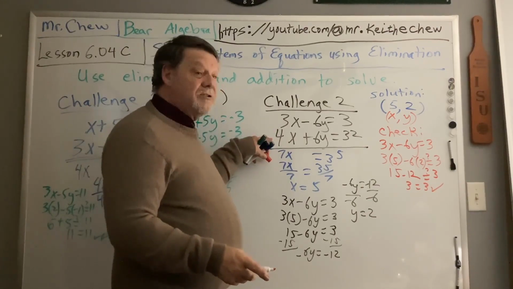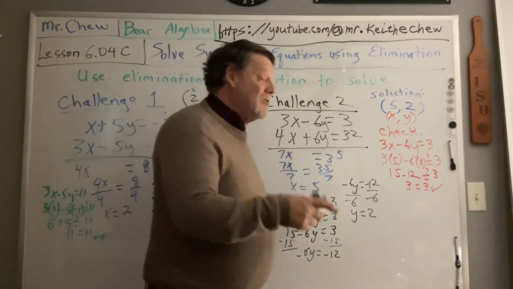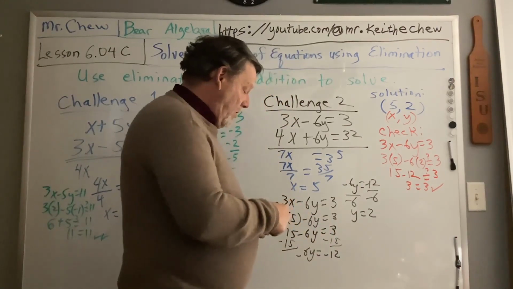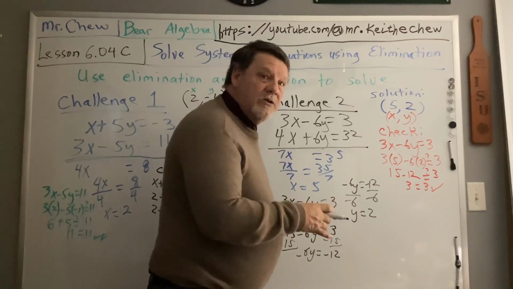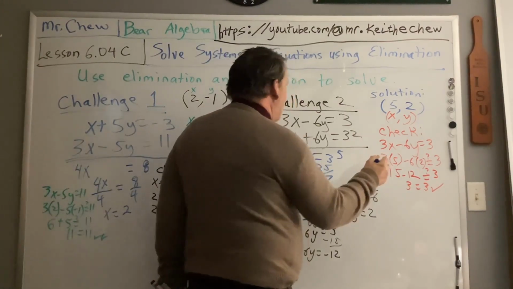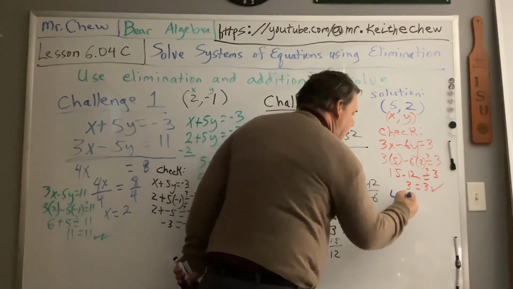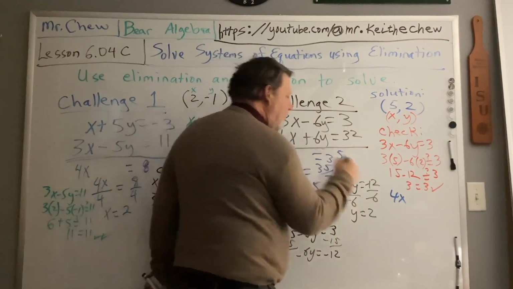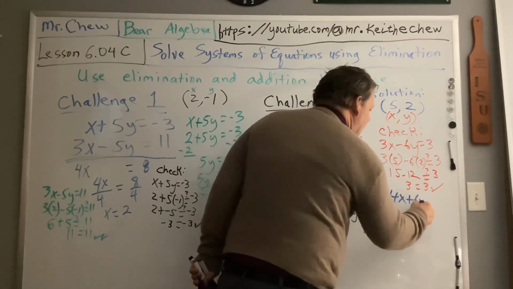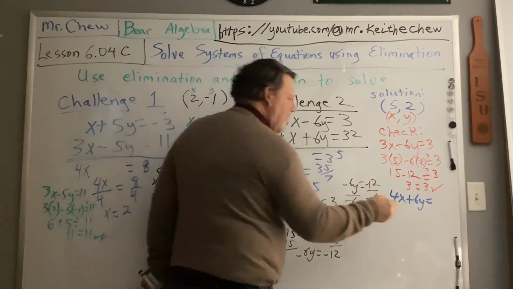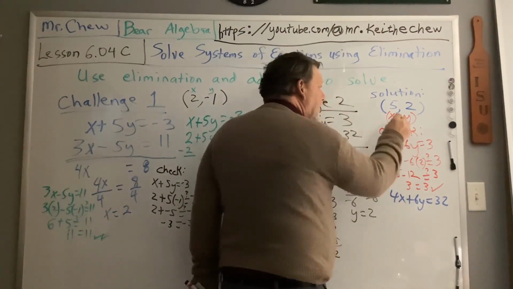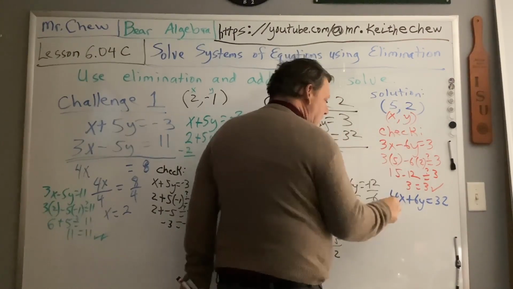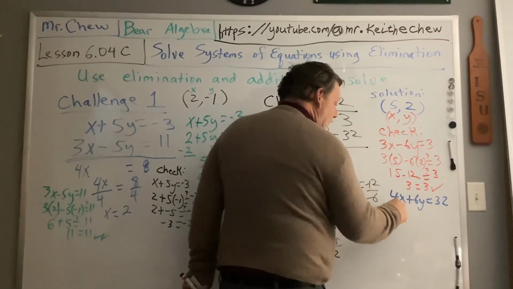Now, if it lies on the second one, it means that it is the solution for that particular system of equations. So now I'm going to write down the second one. 4x plus 6y equals 32. So now I'm going to substitute 5 for the x, 2 for the y.